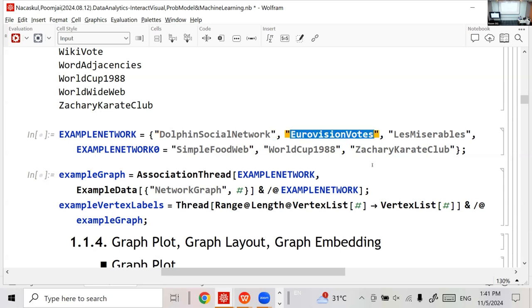The other one is called Eurovision votes. I just happened to pick something that looks interesting. I don't know if you know what Eurovision is. It's a song contest, right? And in Europe, once a year, it's a big thing. Every country comes and sings, and it's very extravagant. And a country can vote for any country. I think you can't vote for yourself, obviously, otherwise every year it'd be boring.